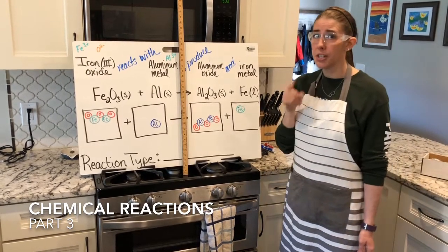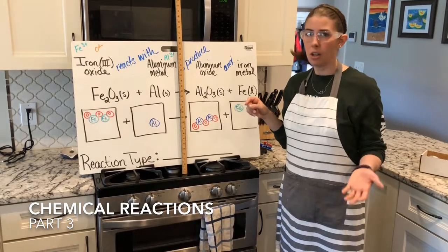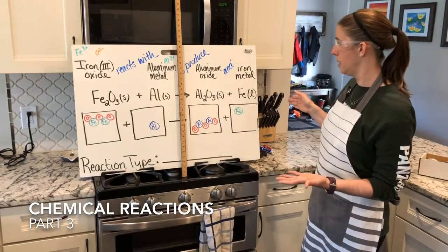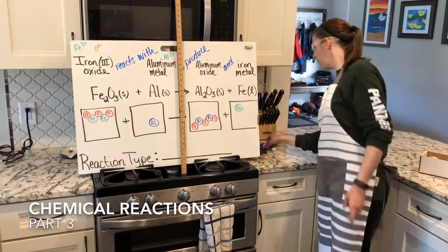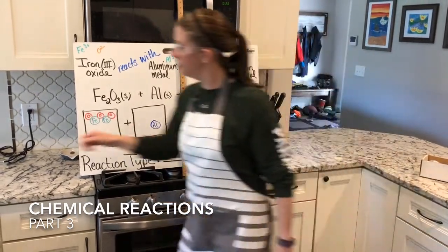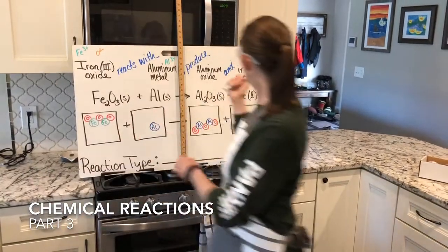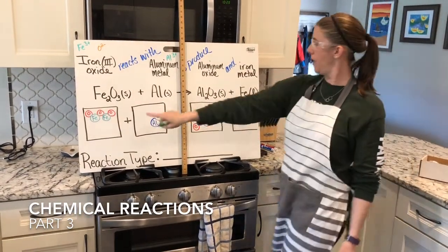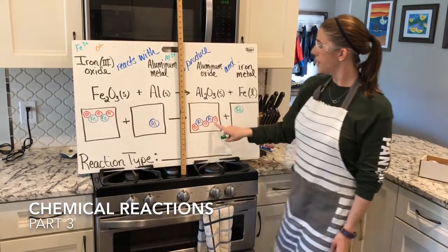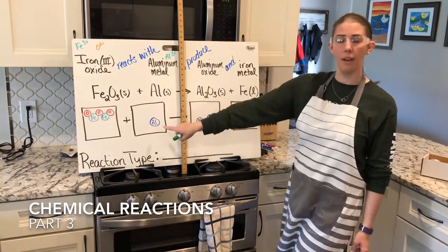Okay, if you said to yourself, Mrs. Sherburne, the reaction already has the same amount on both sides, it actually doesn't. I have one Fe here, but over there I have two. On this side I have two aluminums and only have one.